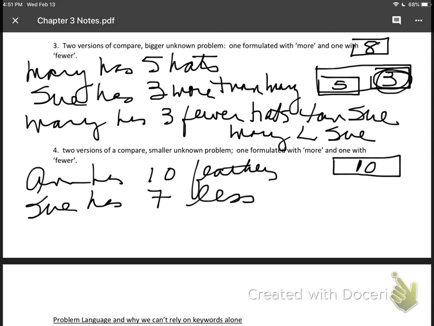Alright, then Sue is going to have 7 less. So what must Sue have? Sue must have 3. So you can say Sue has fewer, 7 fewer, or you can say Anne has 7 more. Okay, so that's activity 3C. So let's go on to the next page.